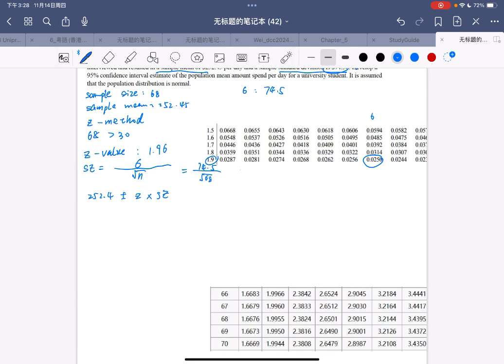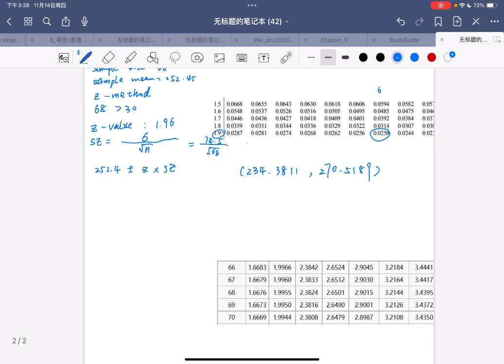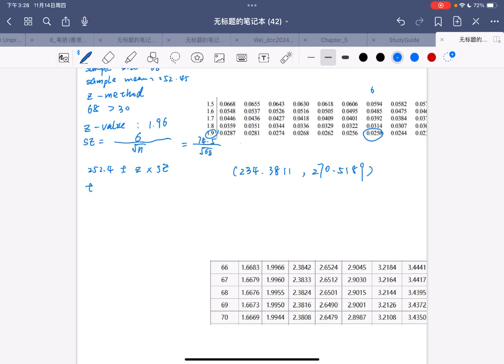So we get the answer: 234.3811 to 270.5189.